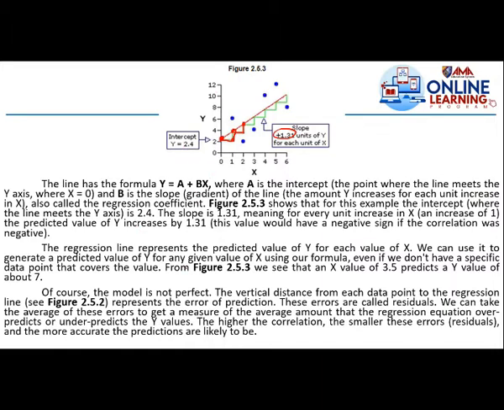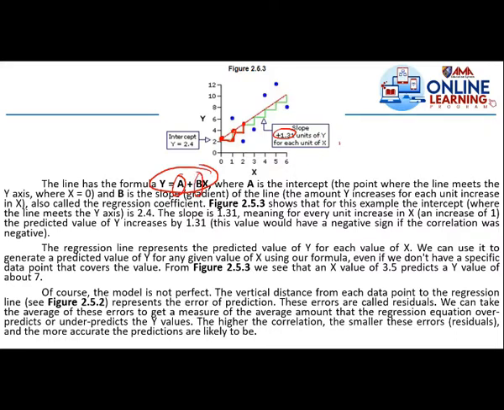So the regression line represents, so yun lang yung ibig sabihin ng graph na yan, the predicted value of y for each value of x. So for example, on this case, ito yung formula, right? Ito yung y-axis intercept, ito yung slope.